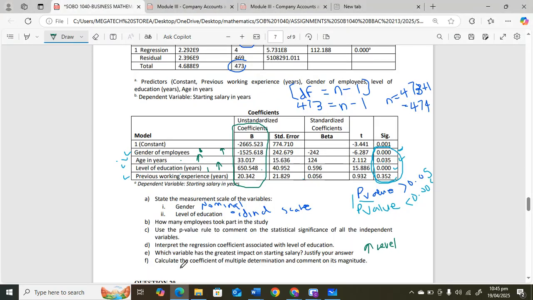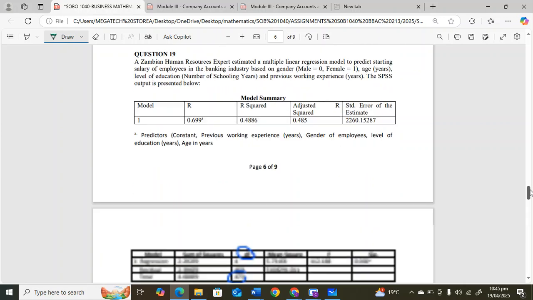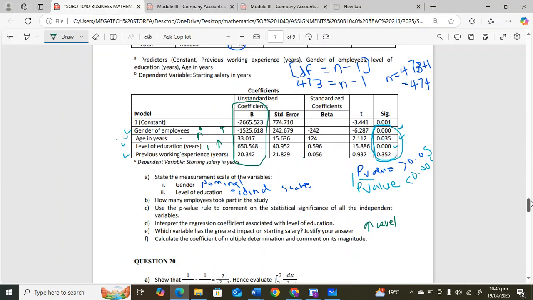So I don't think gender is real in real life. Unless maybe this was in a Muslim country. Did they say which country this is taking place in? Zambia. So it's not a Muslim country.